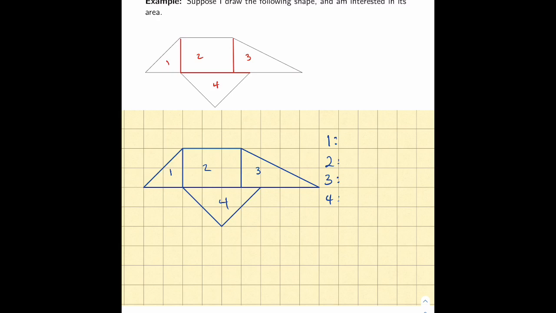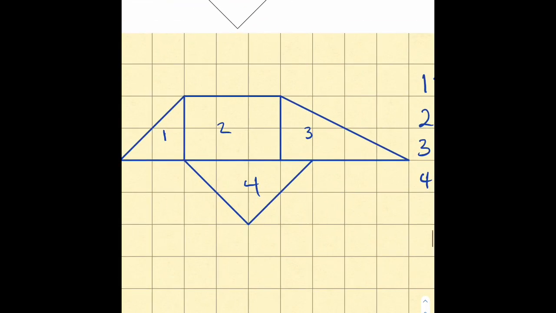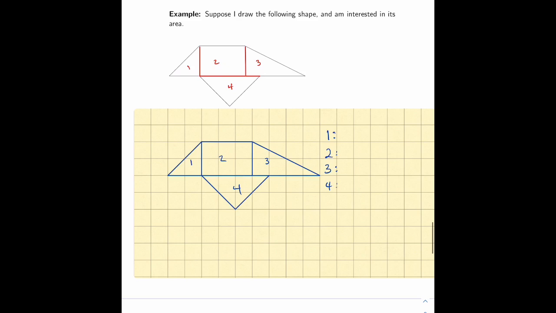You don't necessarily need the formula for the area of a triangle to see that you have half of a square here and half of a square here, so that's a full square. And then a full one there makes 2. And for area 2, we can see 1, 2, 3, 4, 5, 6 squares.